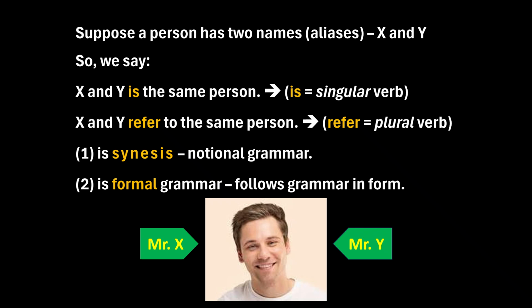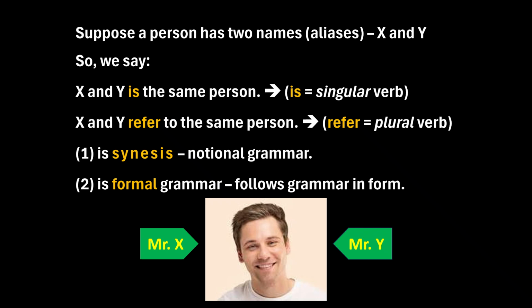One is synesis, two is formal grammar. When you say X and Y is, although they are two different names, you are saying, say, Chanakya and Kautilya is the same person, two different names followed by a singular verb, that is synesis.